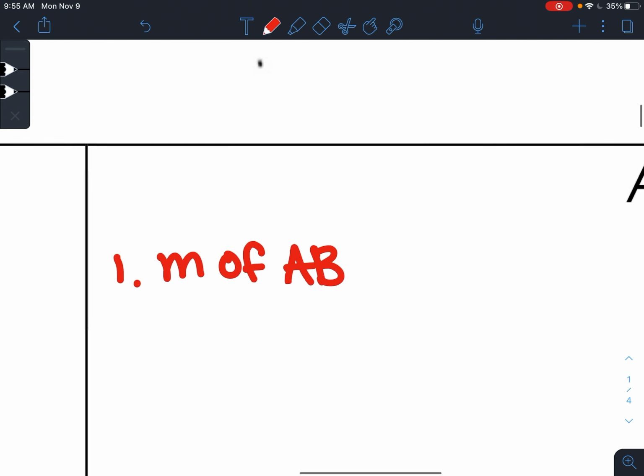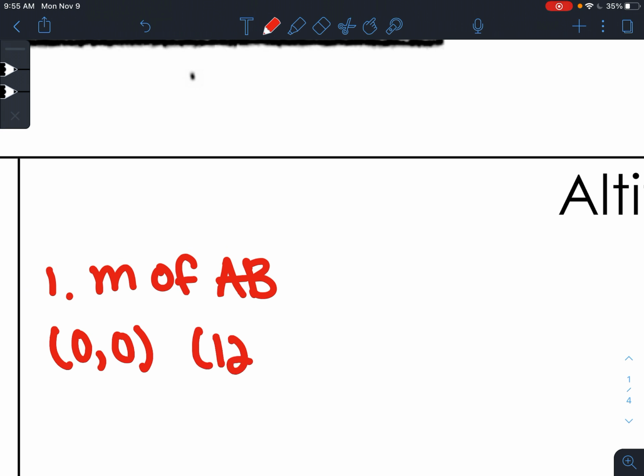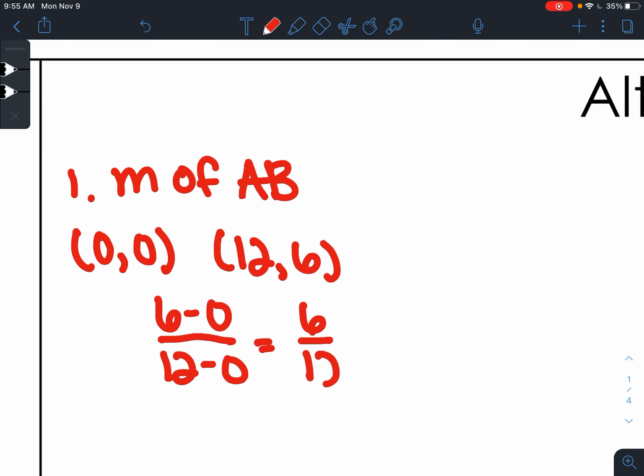So A is 0, 0. B is 12, 6. So I'm going to find the slope of that line. I'm going to do 6 minus 0 all over 12 minus 0, which gives me 6 over 12, which gives me 1/2. Okay?